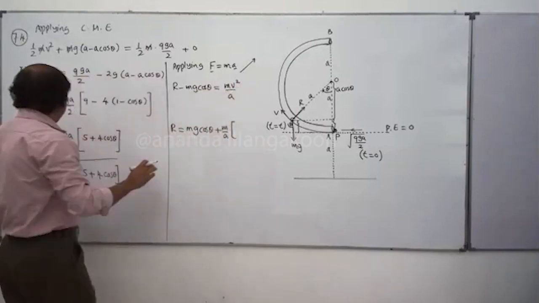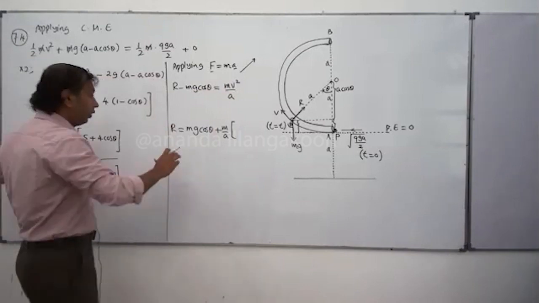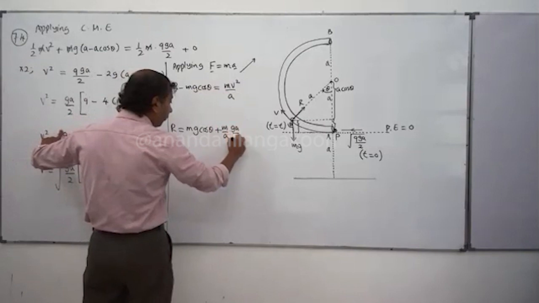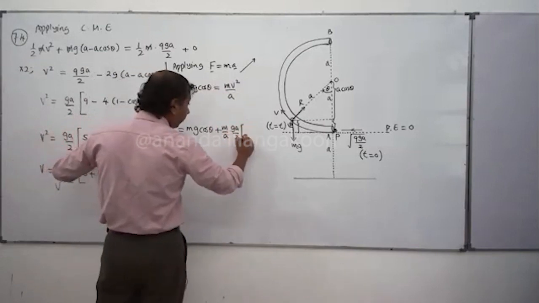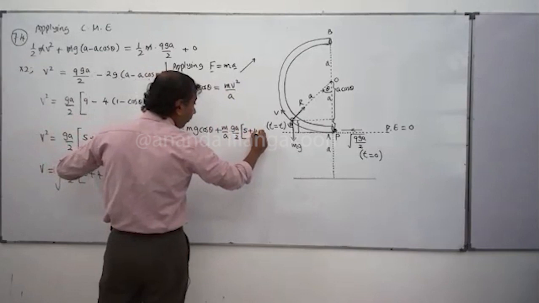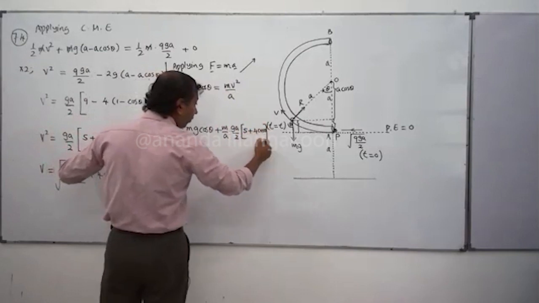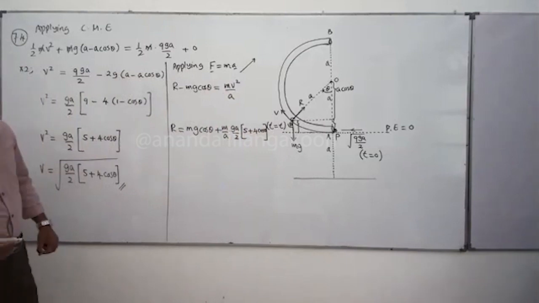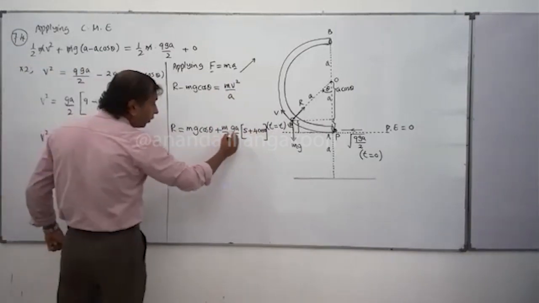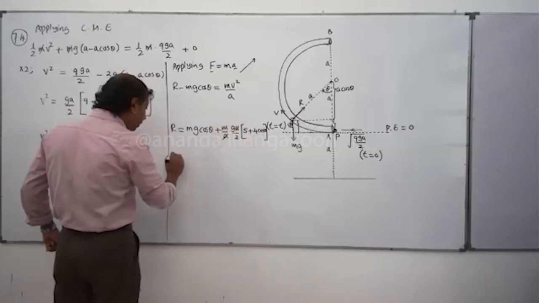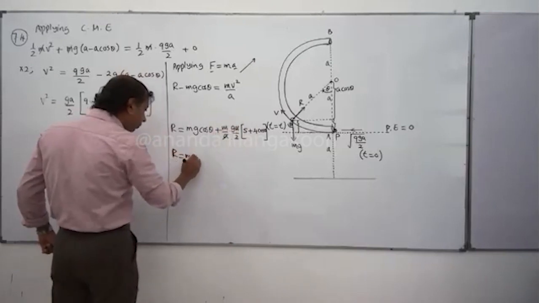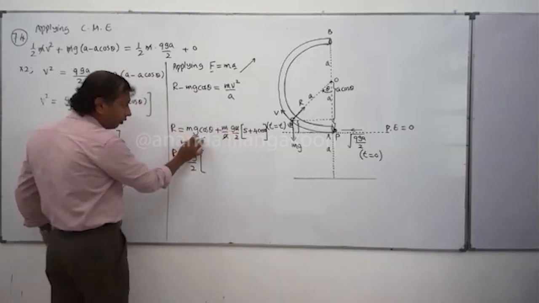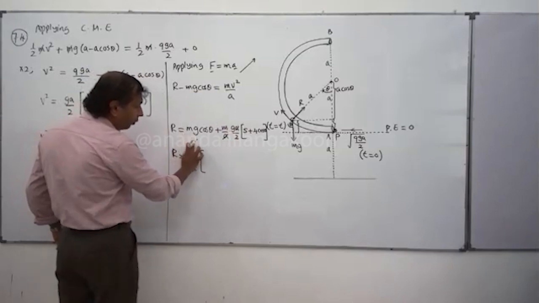V squared means this answer, right? It is ga by 2 times (5 plus 4 cos theta). So now we can simplify here. This and this we can cancel down. Mg by 2 we have there. I take mg by 2 out. Here we don't have 2, so we divide this by 2 and multiply by 2.